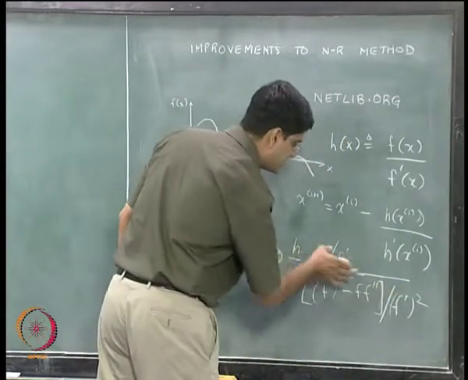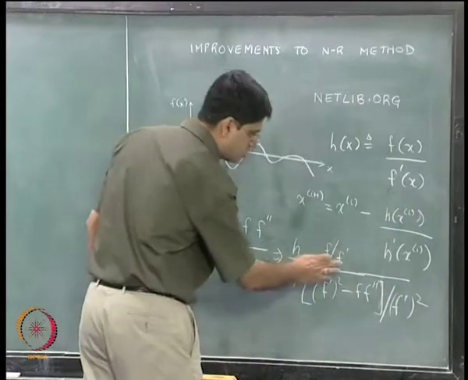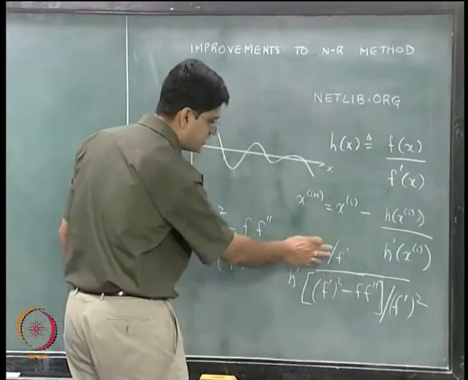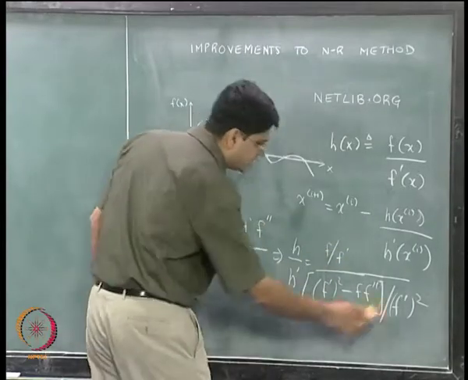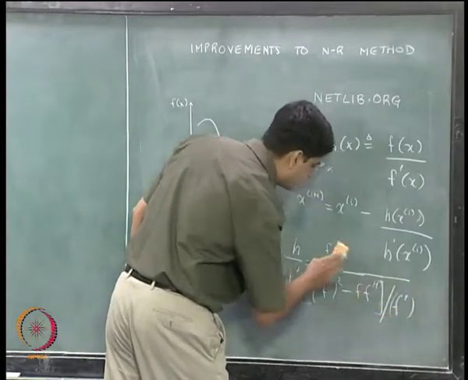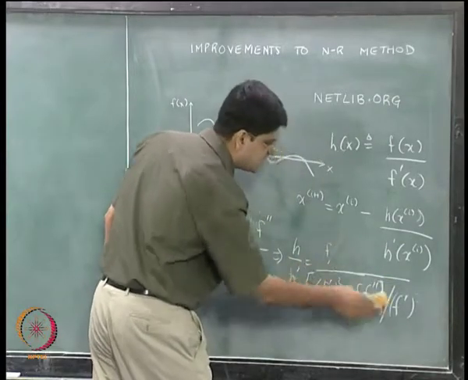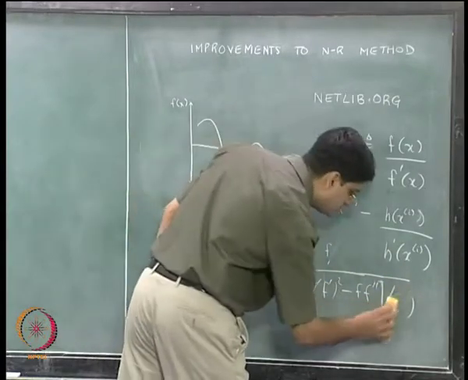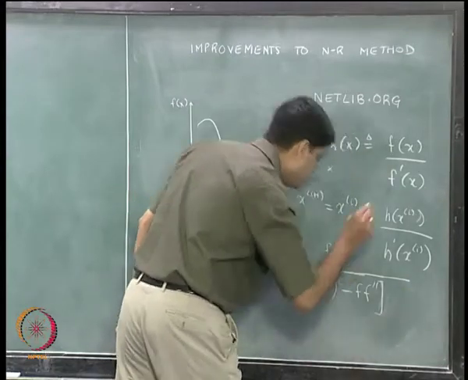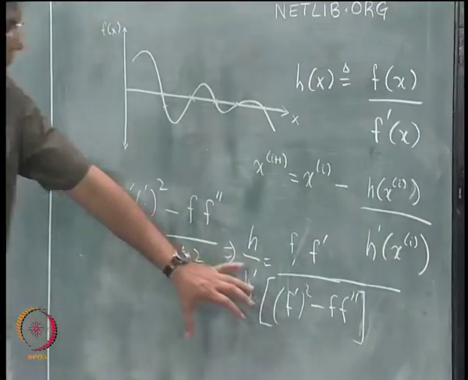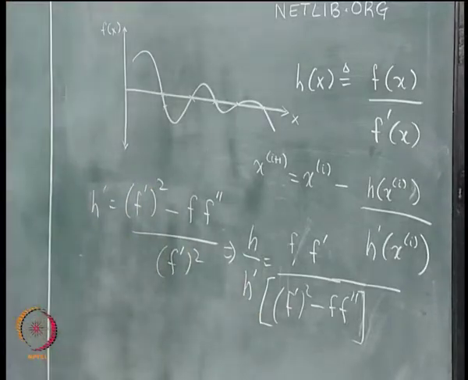So you take f dash squared to the numerator, and one of the f dashes will get cancelled, and then when you take f dash onto the numerator, you will essentially get f dash. So this is going to be our h divided by h dash.